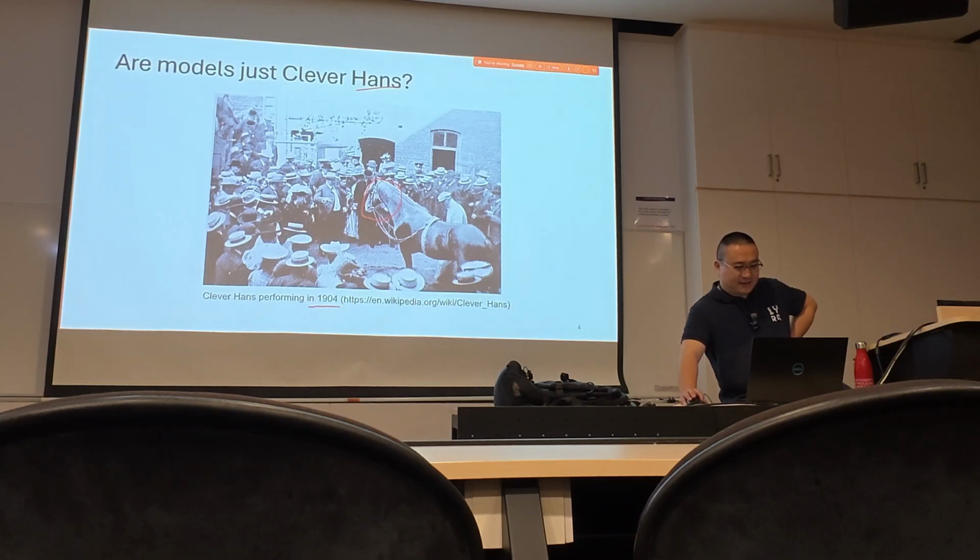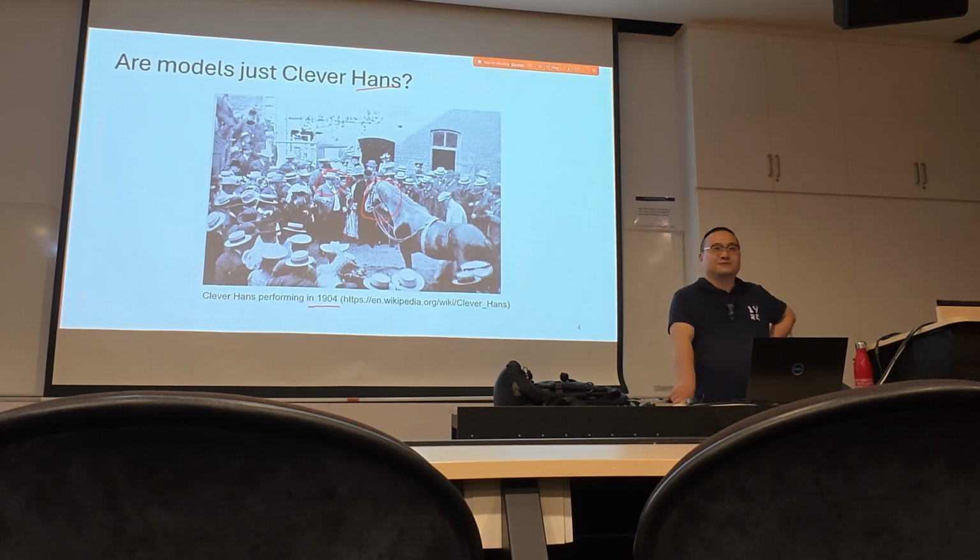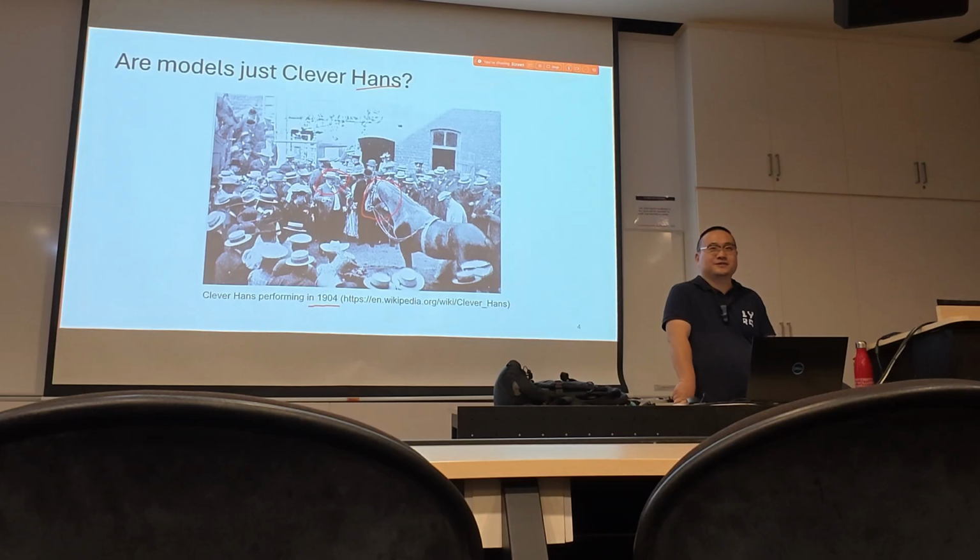This was Hans, and this was the trainer of Hans. The trainer claimed that Hans could do simple calculations, like 1 plus 2 equals 3. But that was very weird, even nowadays, because to the best of human knowledge, horses are not clever enough to do calculations.